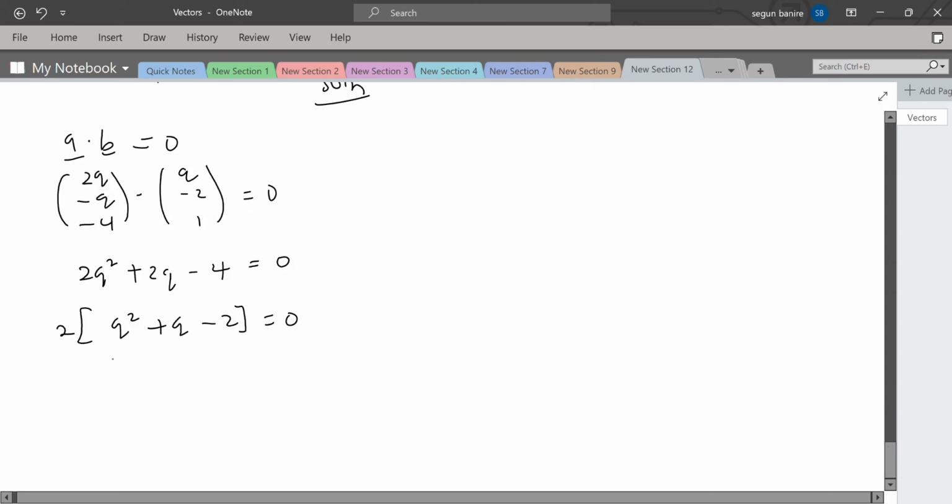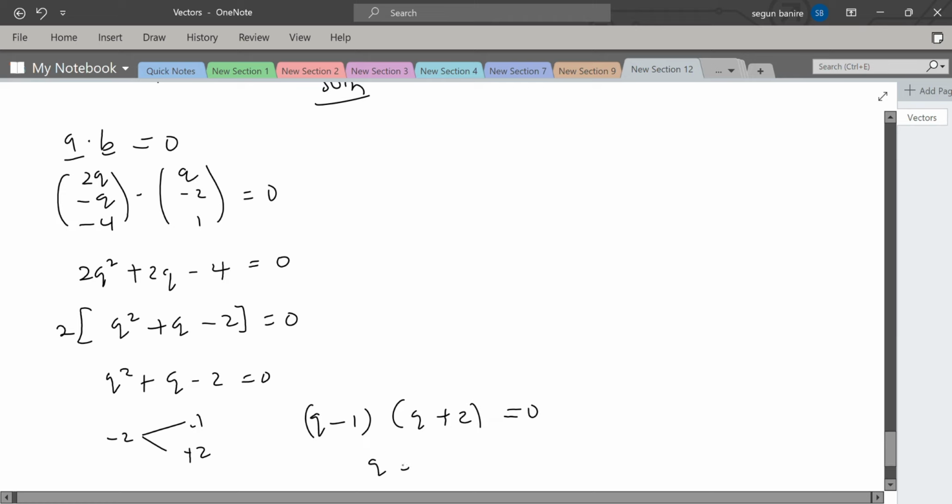Okay, so from here it is this one in bracket that I will just equate to 0. So two numbers that I would multiply that will give me -2, and if I add them give me 1, so that is plus 2 and -1. So my quadratic equation will just be (q minus 1)(q plus 2) equals 0.